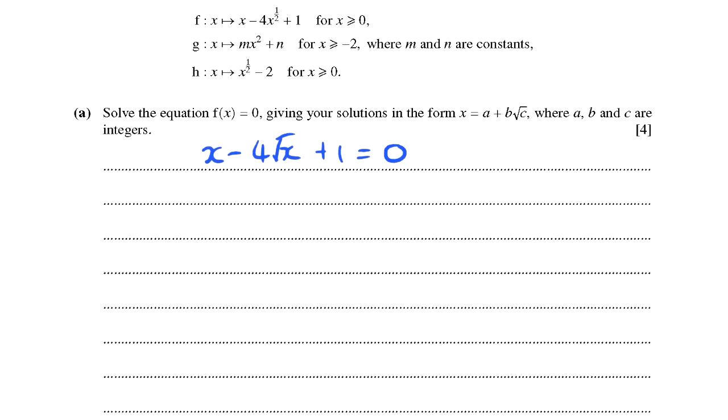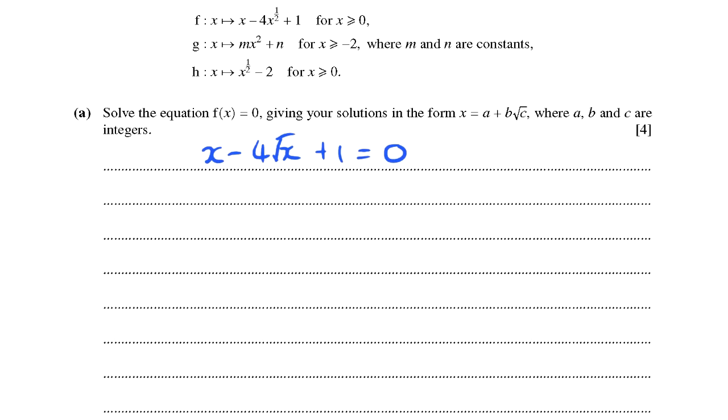If you look at that, hopefully you recognize that's a quadratic, where the variable is root x, and the squared term, of course, just becomes x. So what multiplies to 1 and adds to negative 4? Oh, we don't know. So we're going to use the quadratic formula.